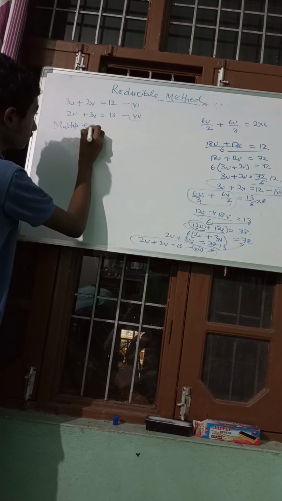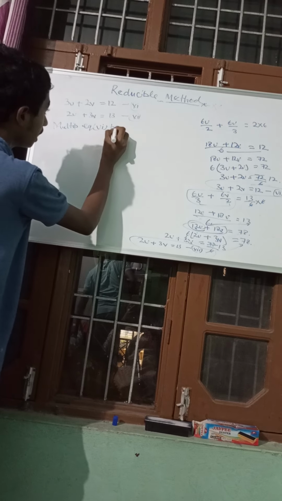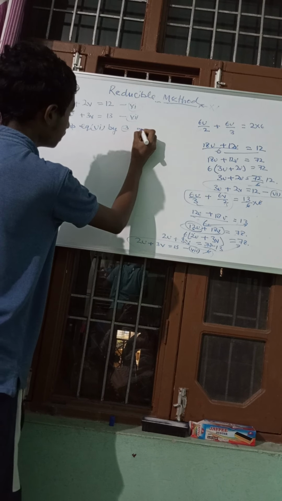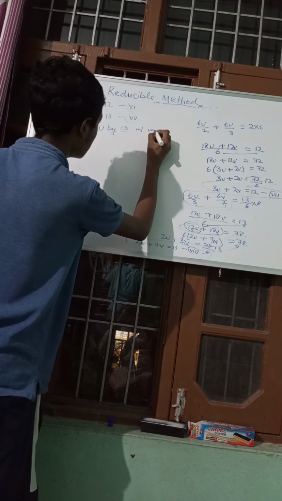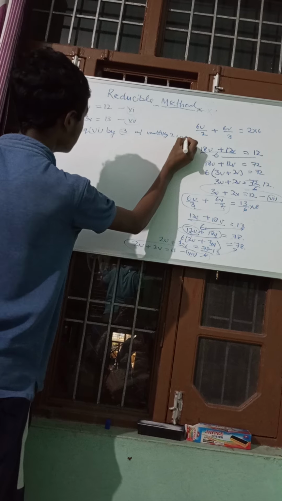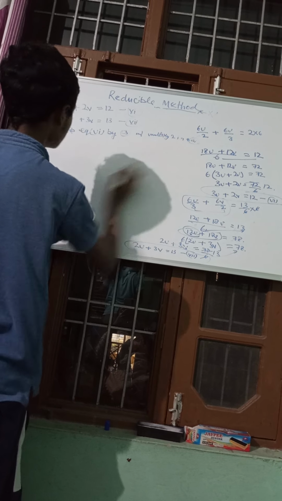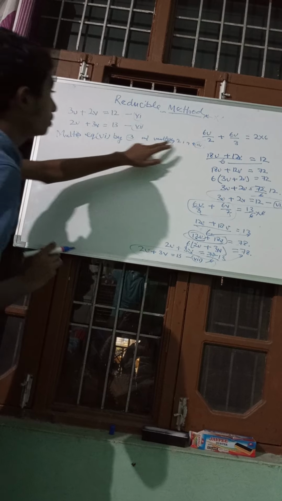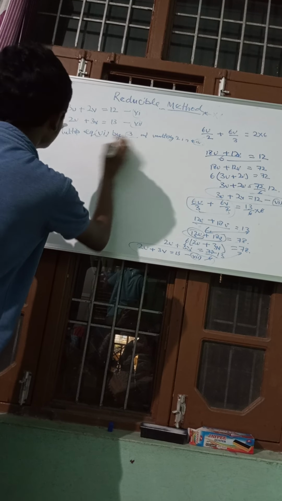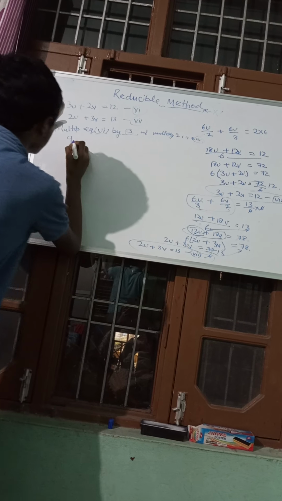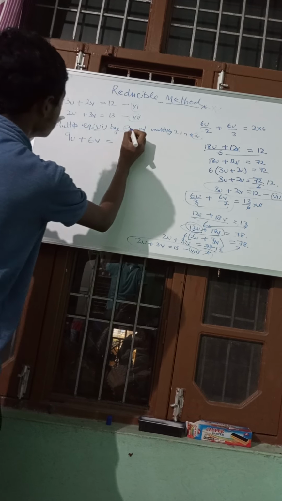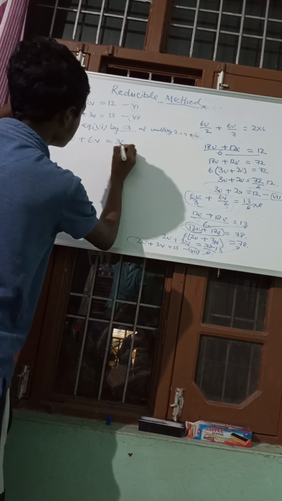multiply equation 6 by 3 and multiply equation 7 by 2. If we multiply equation 6 by 3, it will be 3 threes are 9, and 3 twos are 6, so 9u plus 6v equals 36.